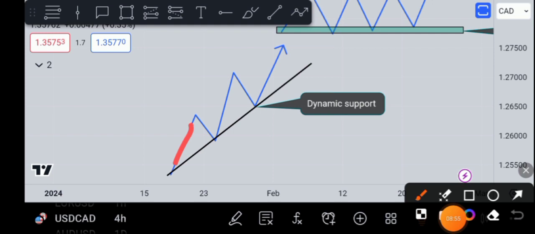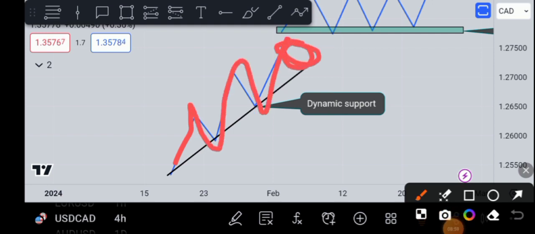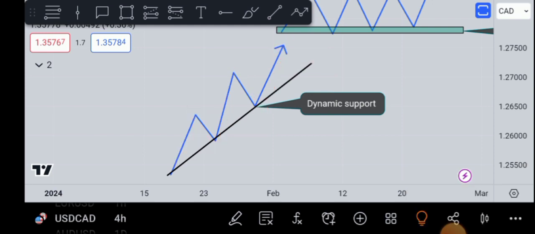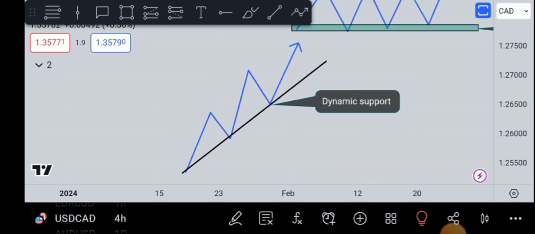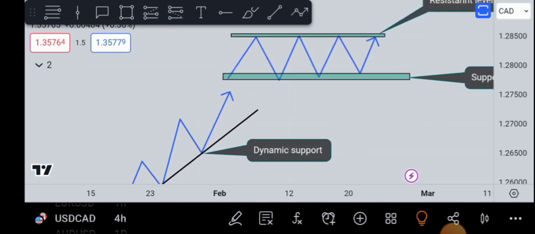You can see it moved up, came down, moved up, came down, moved up. Currently, it's actually at this region. This is a typical example of a trend line, or you can call it a trend line support or a dynamic support, any of them. So you can see how price keeps moving.